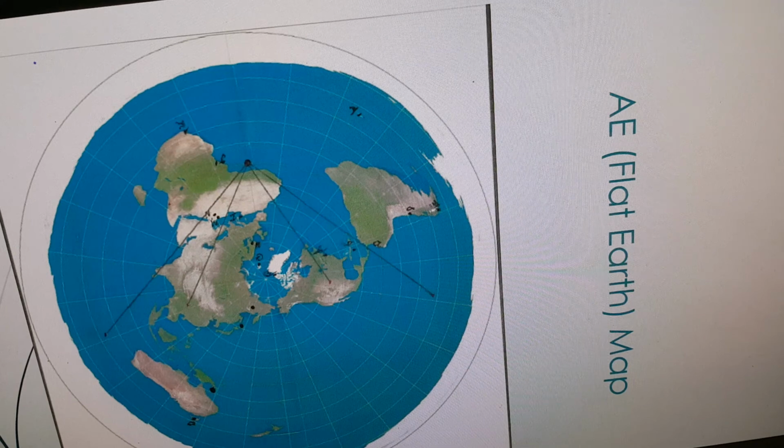On the flat Earth map, here's our 4 lines. The 0 point is right there in the Atlantic Ocean, close to Africa.